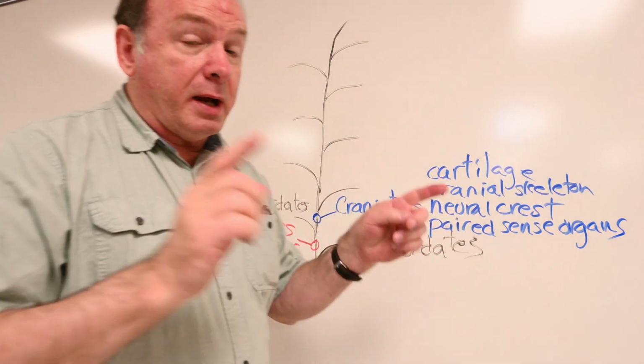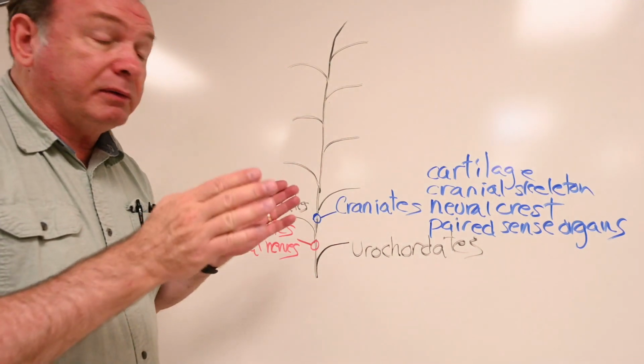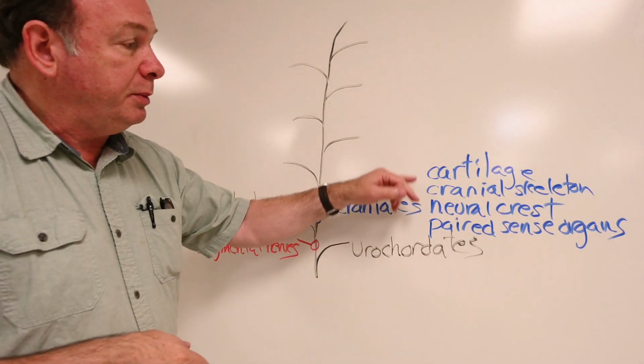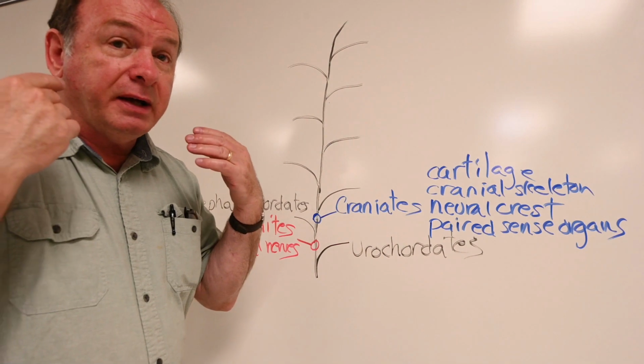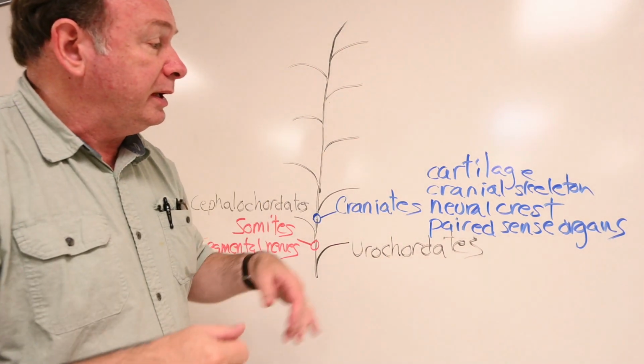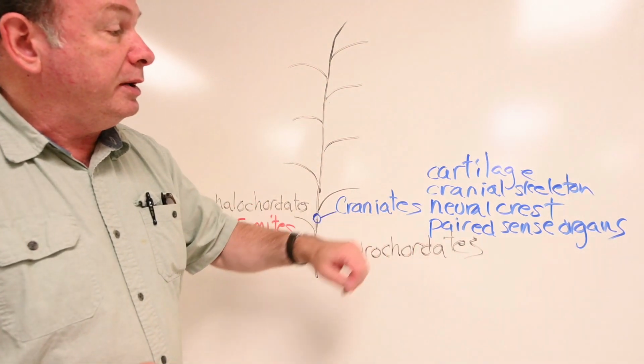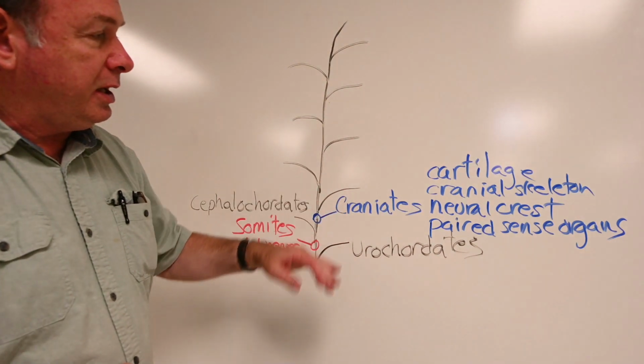So a left eye and a right eye is the primary thing there. Some of them have left and right nostril structures as well, but anyway, the beginnings of inner ear structures as well, left and right. So the beginning of paired sense organs here in the craniates.